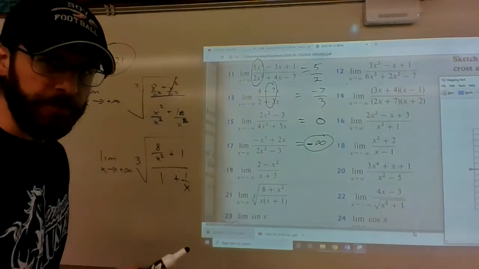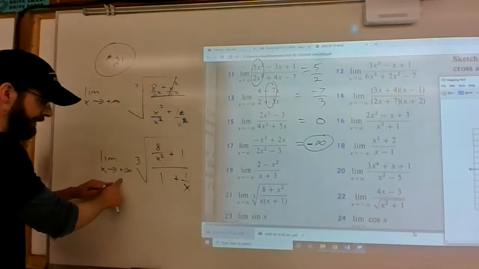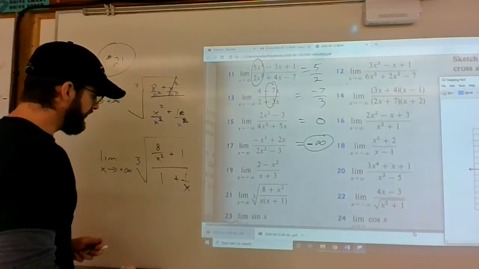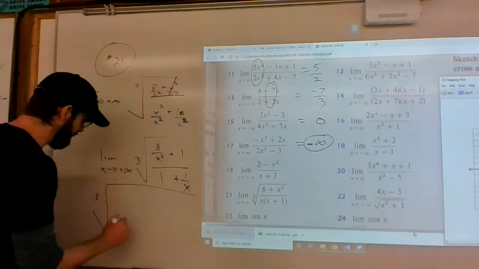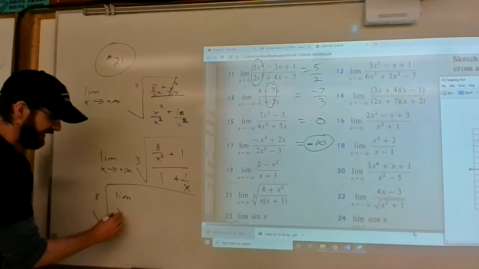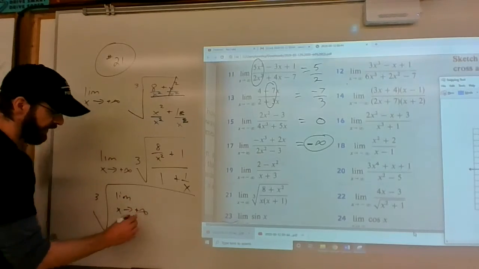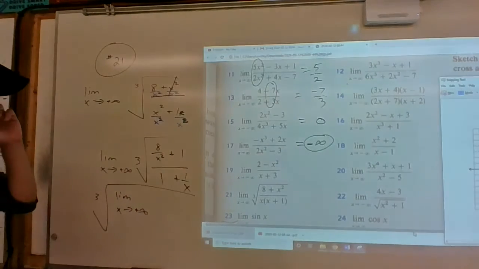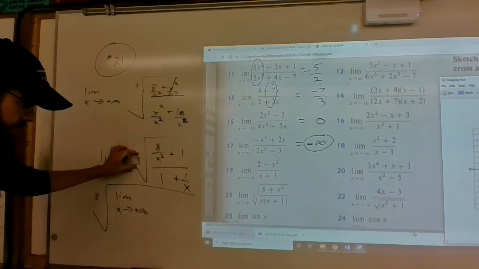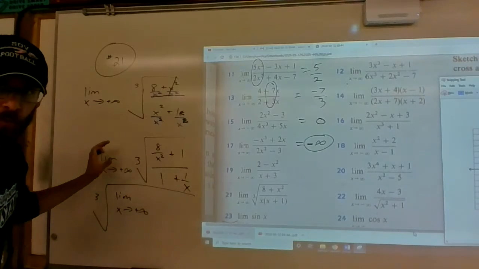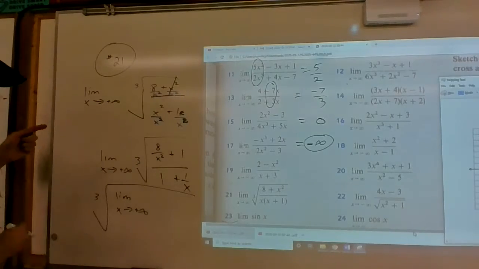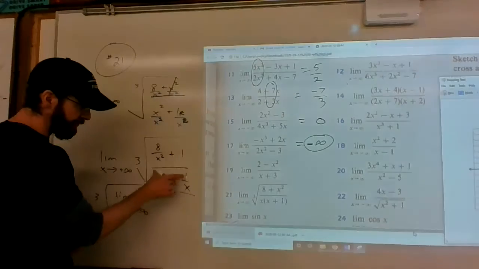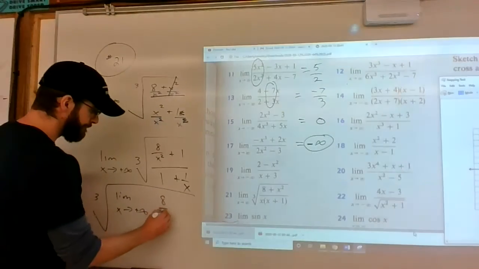I believe there was a property that stated if you're taking the limit of a cube root, then you're allowed to take the cube root of that limit. There's an interchangeability between the power or root of whatever you're taking the limit of and reversing it by finding the limit of the rational function inside.